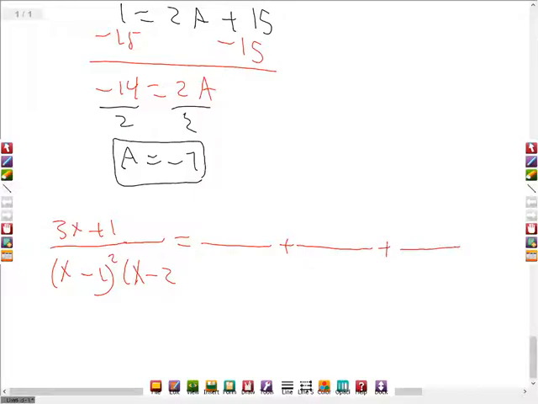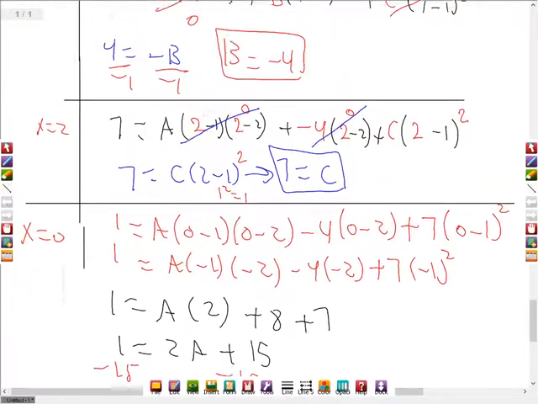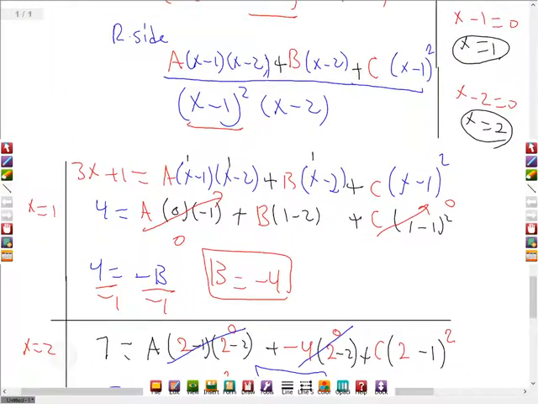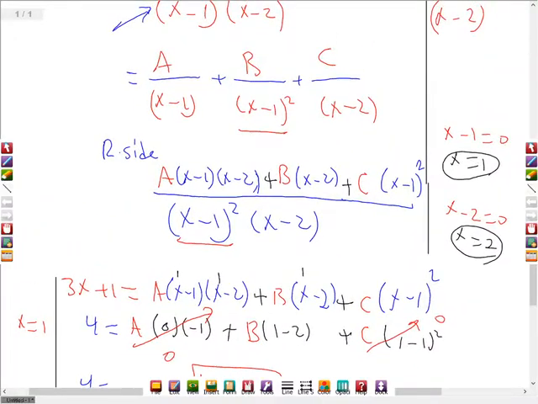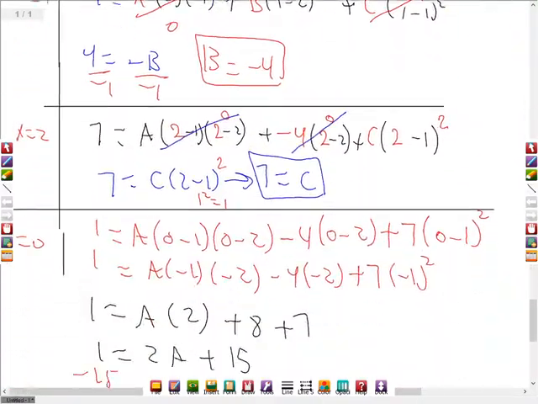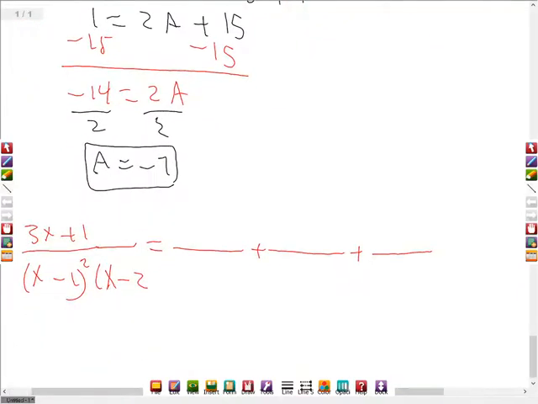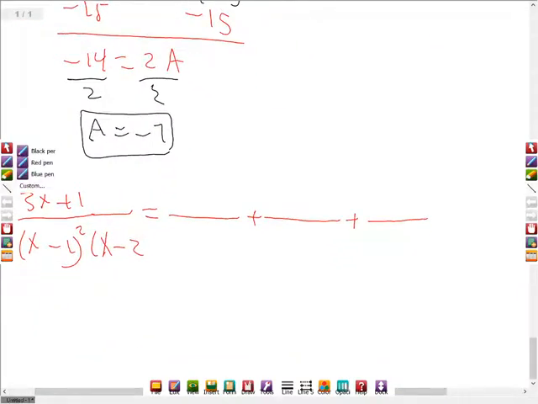We have the A. Let us just go back to refresh our memory quickly. Here, x minus 1 square, and this x minus 1 square and x minus 2.